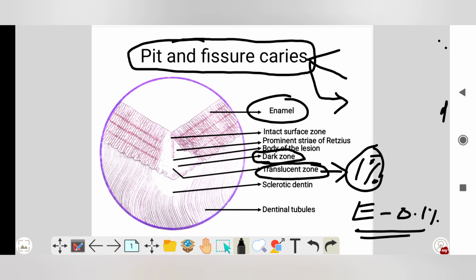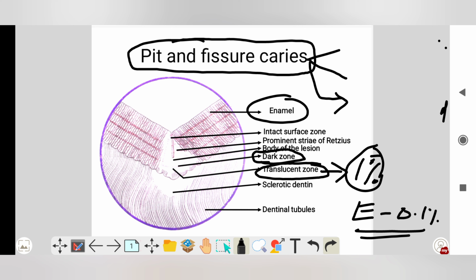When we apply light or view under a light microscope, the light reflects from the small pores and reaches the dark zone. But there is more reflection in the dark zone because of the larger pores. Because of that, the dark zone looks dark in color. Please remember this.